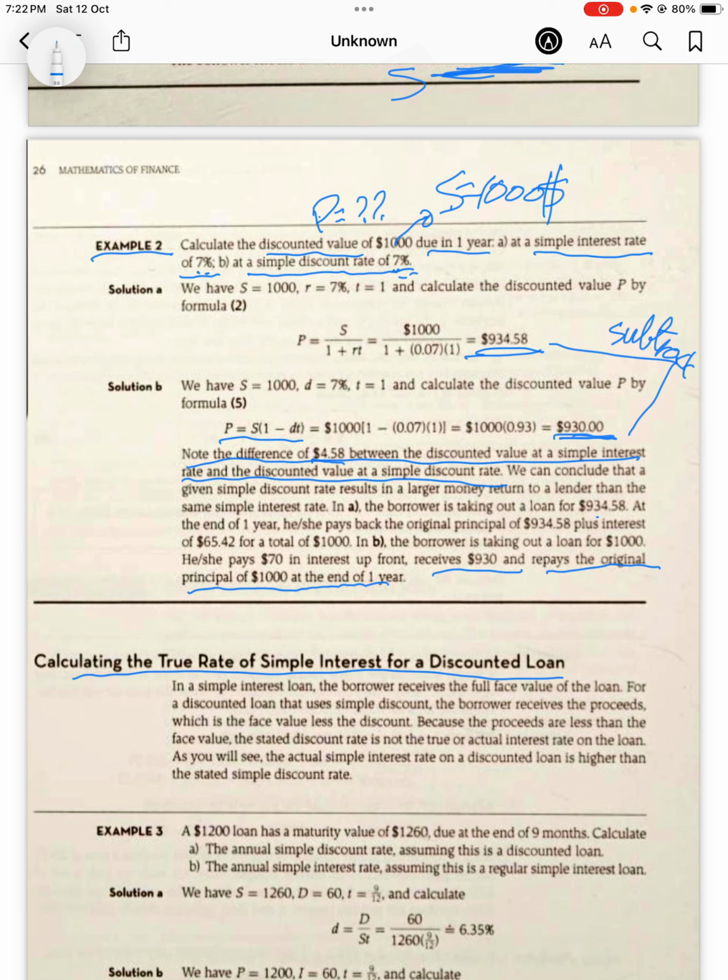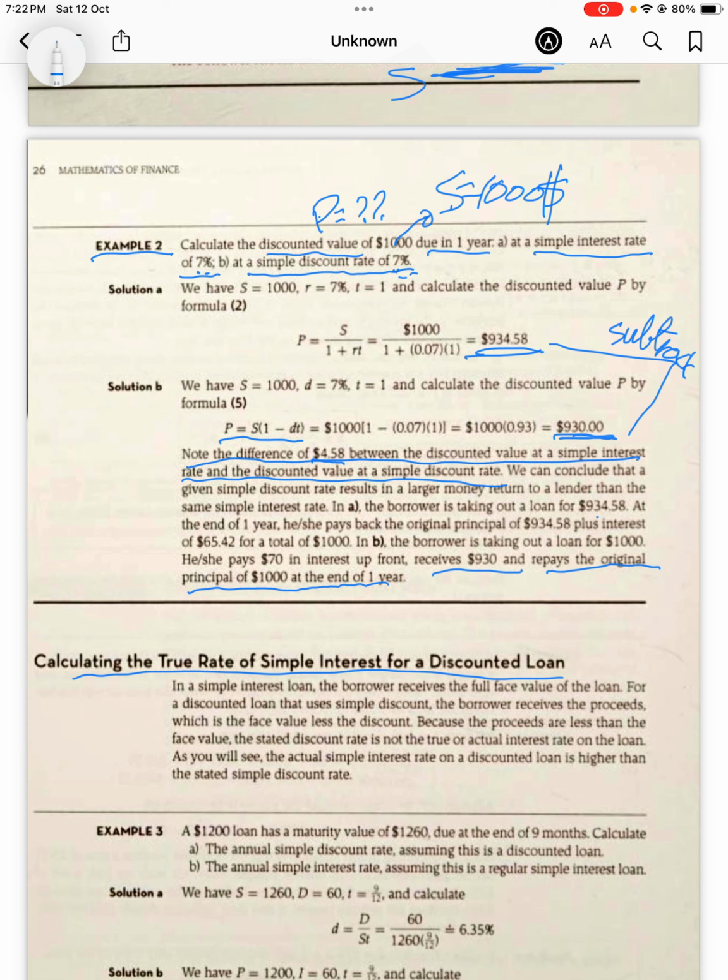In a simple interest loan, the borrower receives the full face value of the loan. For a discounted loan that uses simple discount, the borrower receives the proceeds, which is the face value less the discount.